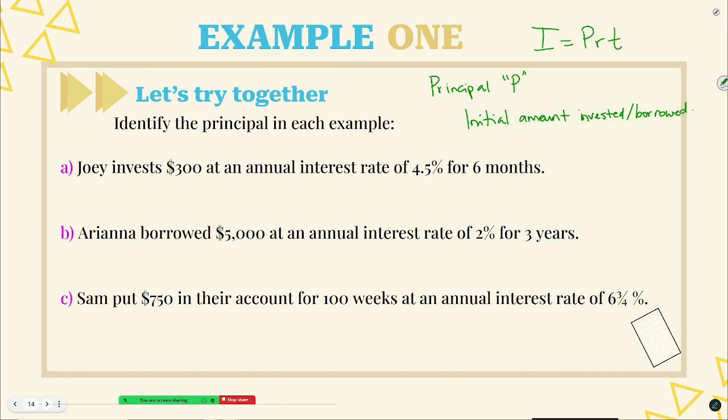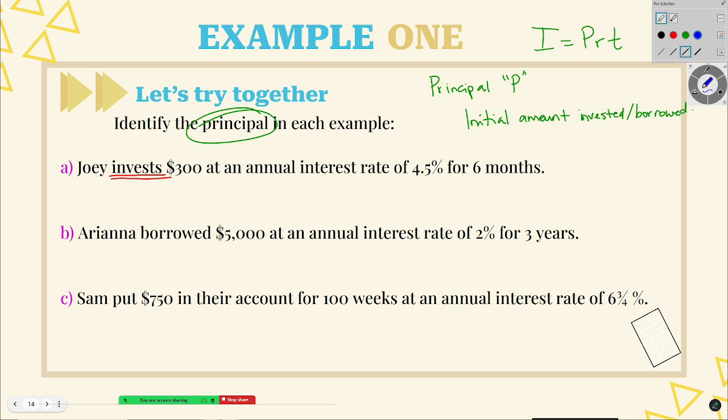So for our example 1, A says Joey invests $300 at an annual interest rate of 4.5% for 6 months. We are only asked to identify the principal. We just need that initial amount that is invested or borrowed. So we're going to look for the key terms, invests or borrowed. So here, Joey invests.